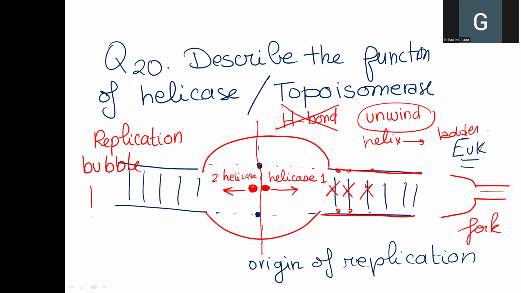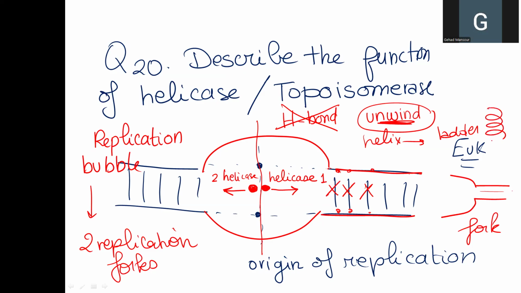So every replication bubble consists of two replication forks, and this is the result of the action of the DNA helicase enzyme.